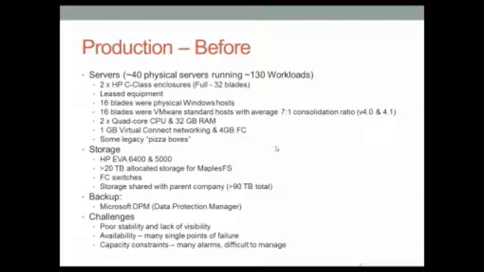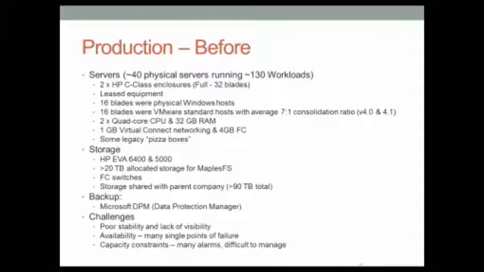So if I drive into servers, what we had before, now this is just production, but we had around 40 servers, so that's 2 C-class enclosures. Half of those were virtualization hosts with an average 7-to-1 consolidation ratio. A couple of sockets each, 32 gigs of RAM was the average.